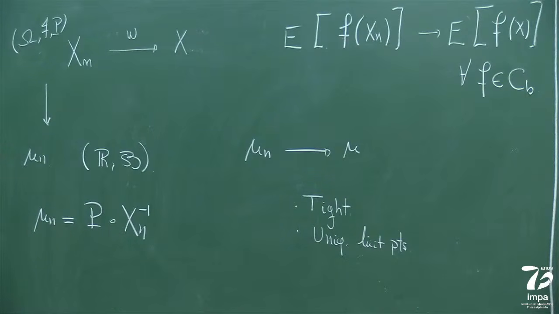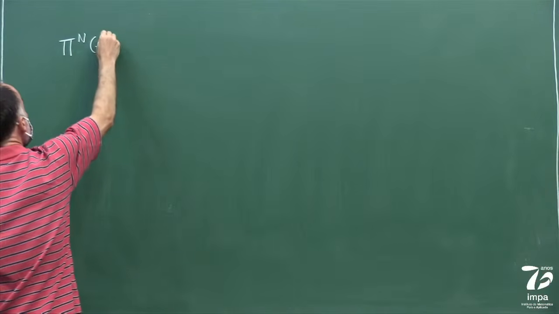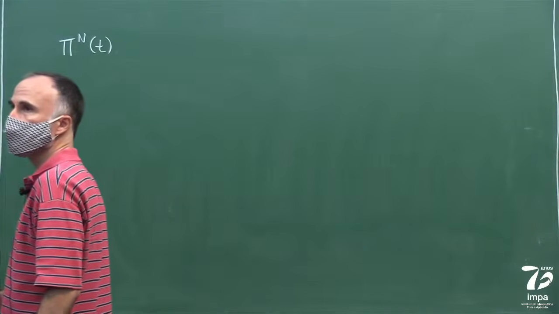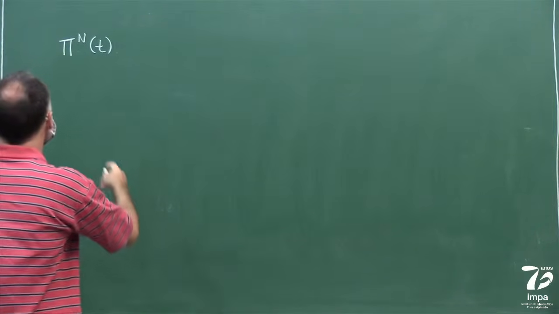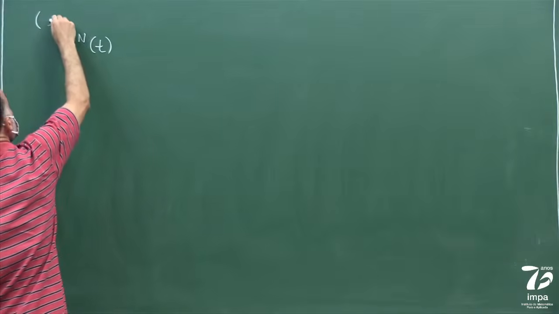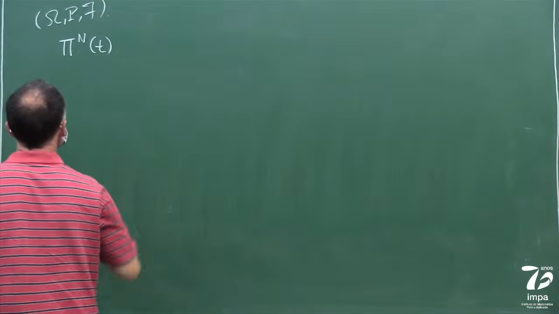All right, so now I have pi nt, which is a process. Okay. It's a Markov chain, taking values in the space of measures. Say that this Markov chain is defined in some (Omega, F, P).